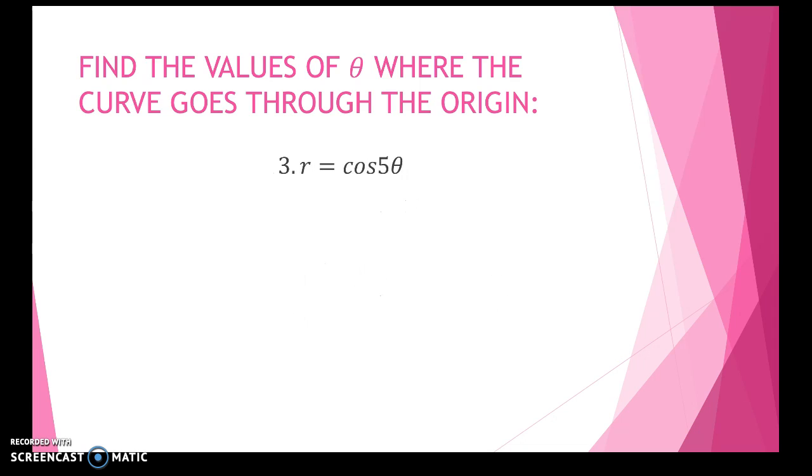All right, next one, find the values where this function goes through the origin, this curve. So when we set cosine 5 theta equal to 0, okay, so all our intervals of pi over 2. So pi over 2, 3 pi over 2, 5 pi over 2, 7 pi over 2.